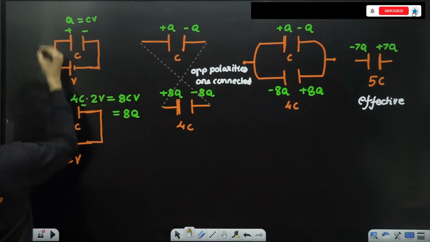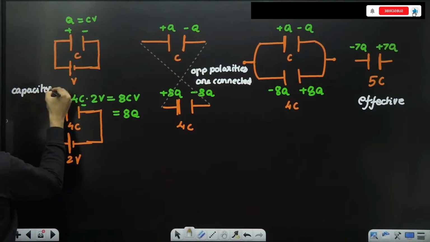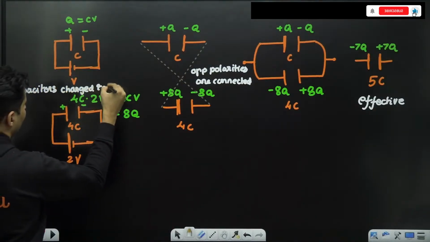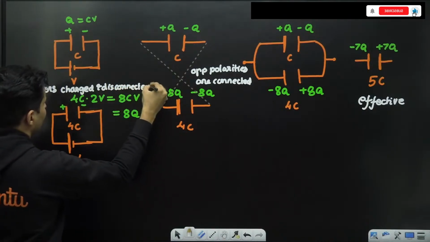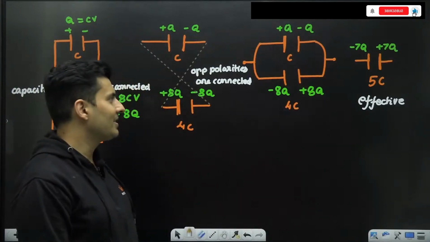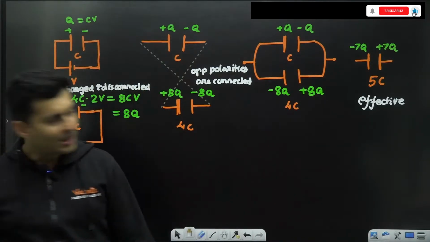Capacitors were charged and then disconnected, and then the opposite polarities were connected. The effective capacitance is 5C, the effective charge is 7Q. As simple as that. Yep, perfect.